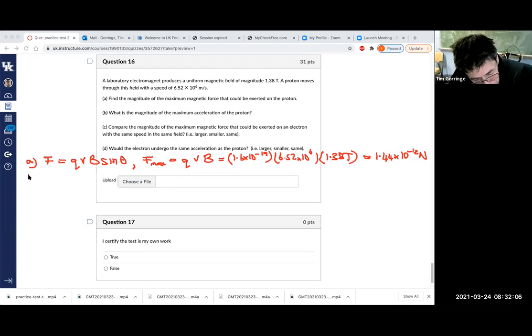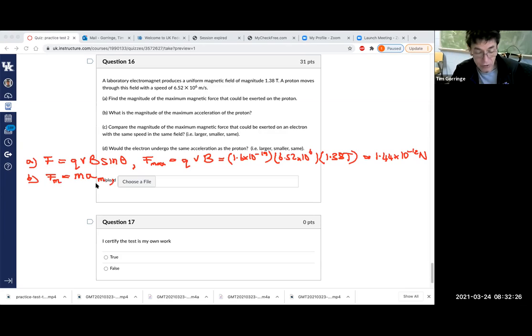Part B is about, well, what acceleration does that force cause? So what's the maximum acceleration? Let me put a little subscript M on acceleration due to this maximum force.